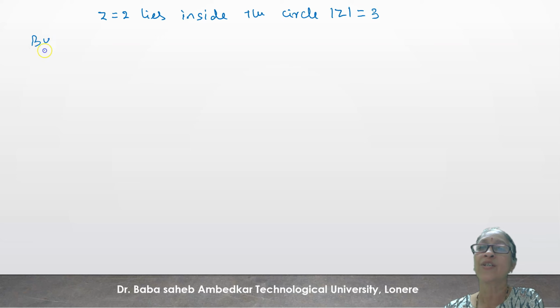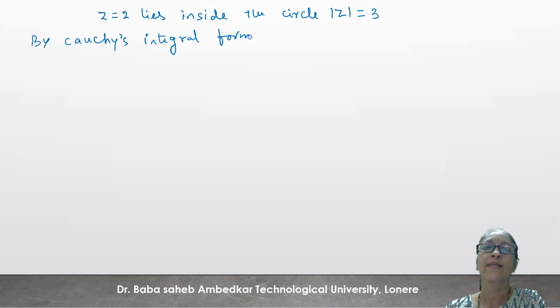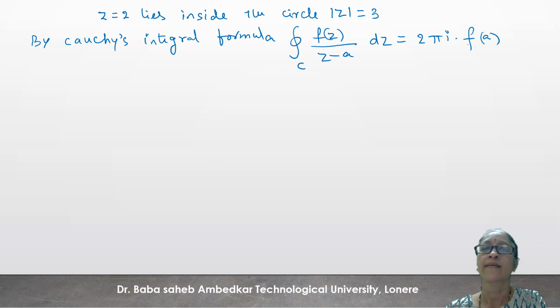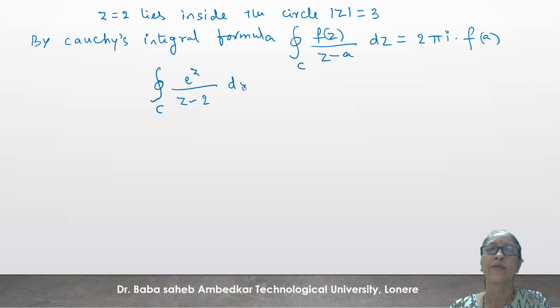So we have to apply Cauchy's integral formula. What is that formula? Contour integral of f(z) by z minus a dz equal to 2 pi i into f(a). So, contour integral of e power z by z minus 2 dz equal to 2 pi i.